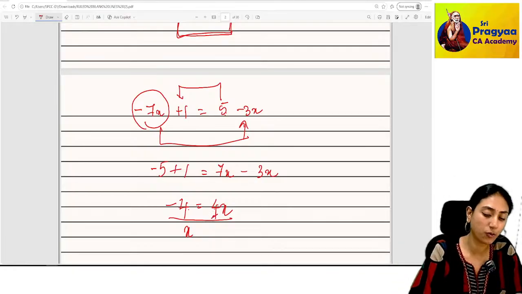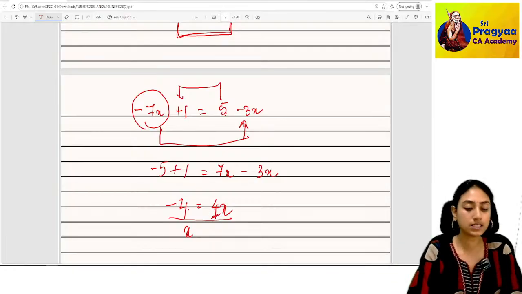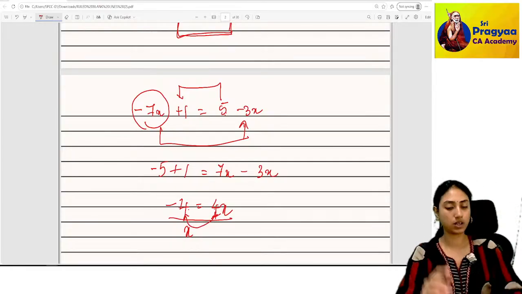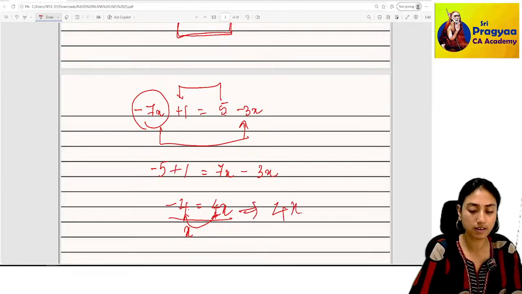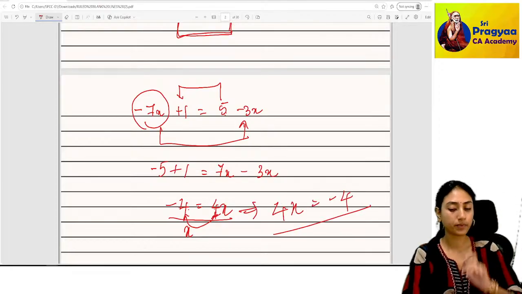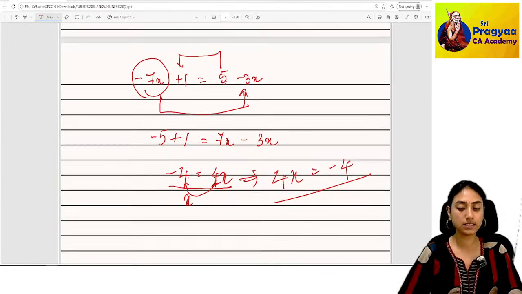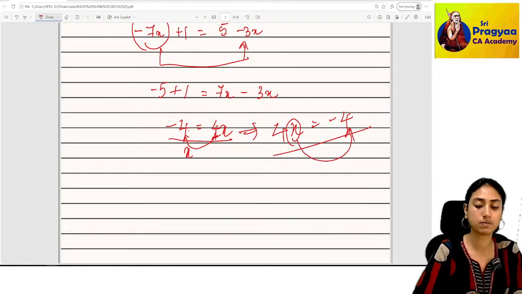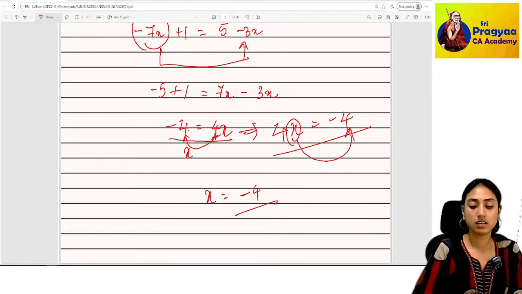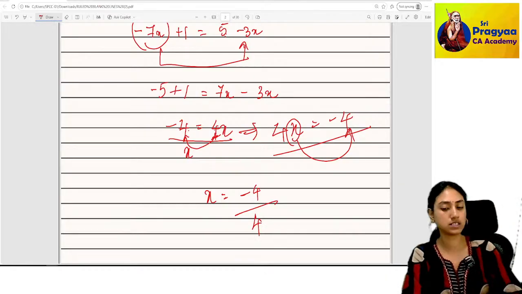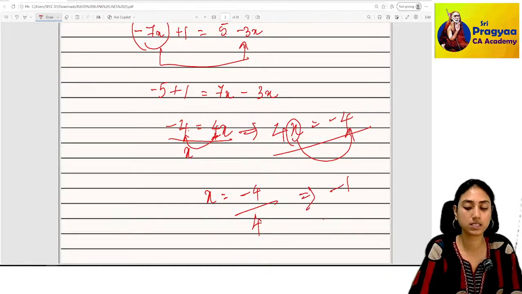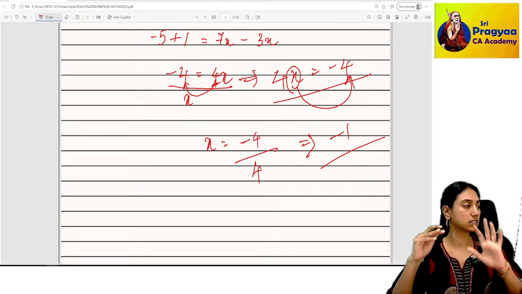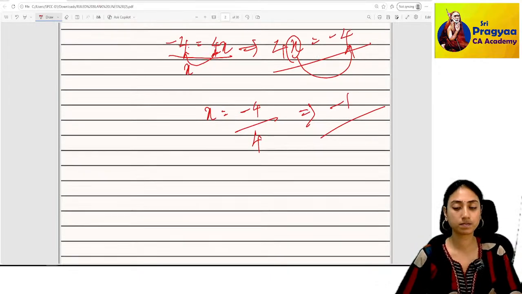Whenever you have 4 times a variable, this can be brought to the LHS or RHS, wherever. Whenever I have something like this and I have to find x, I'll just have to divide by the constant that I have, which will give me minus 1. So, got the plus, minus and division operations here?